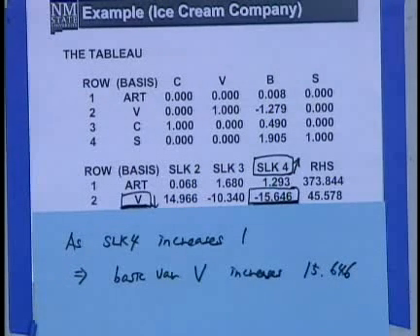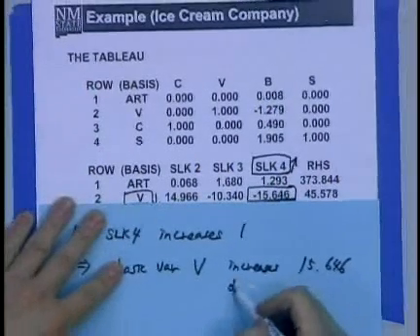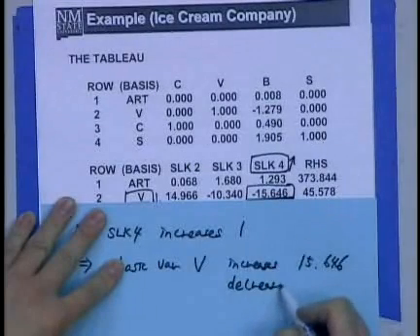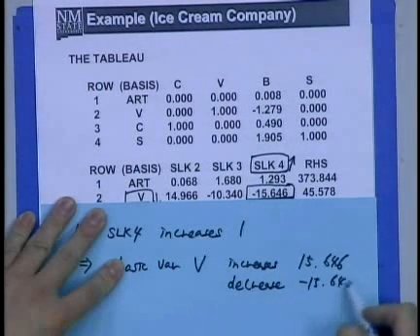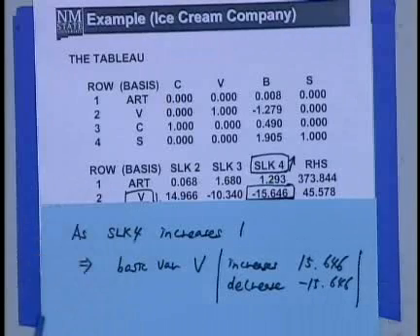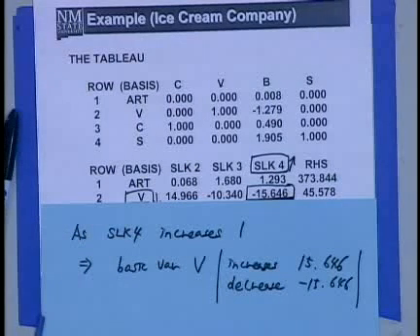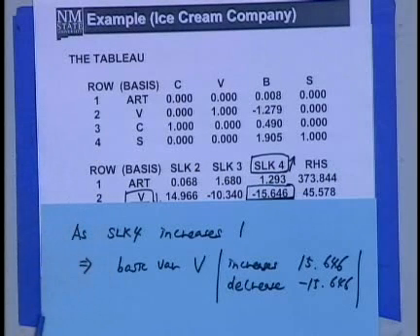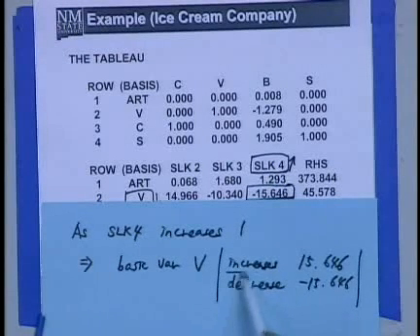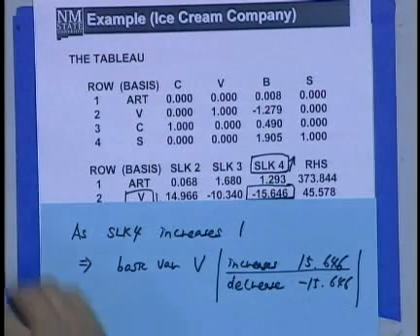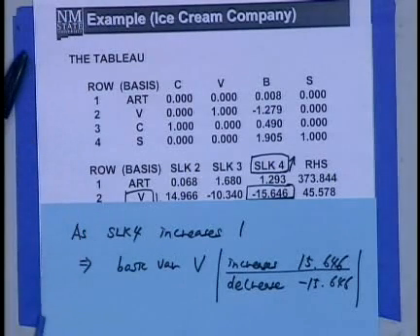Is that correct? Because decrease negative 15.646 is the same as increase 15.646, right? So to adjust for the loss of 2 gallons of cream, the change in gallons of vanilla ice cream to be produced should increase by 15.646. Okay? That's the answer. Any questions?